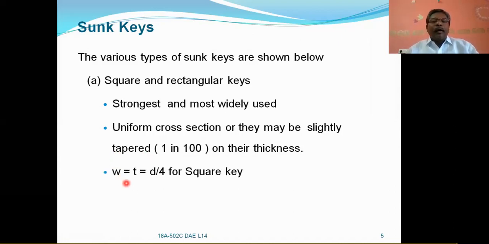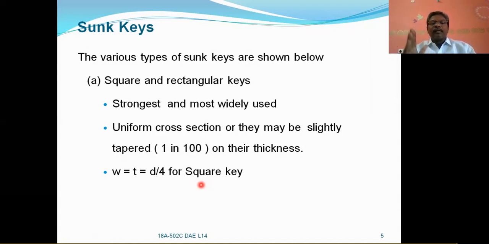And here the width of the key, W, is equal to the thickness of the key, which is nothing but D by 4 for a square key. That means for a square key, whatever the width is, the same will be the thickness.